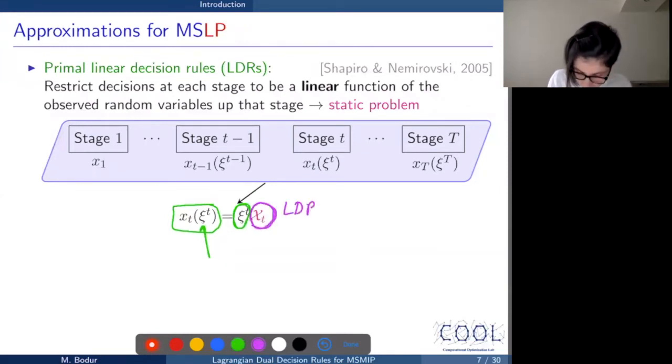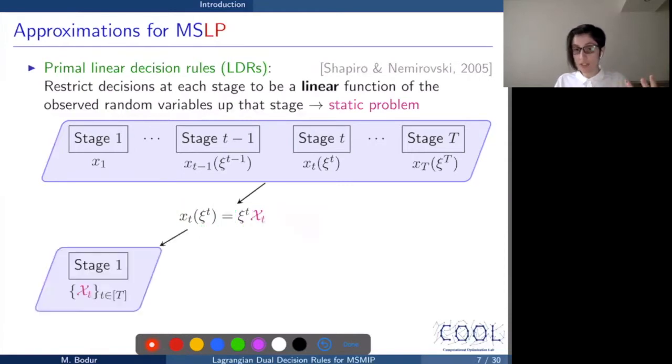I will refer to them as LDR variables. We put them all into this calligraphic X_t matrix form, and when you multiply these deterministic variables with your observation history vector, they will map you what your decisions should be. So we are heavily restricting our decisions in that form.